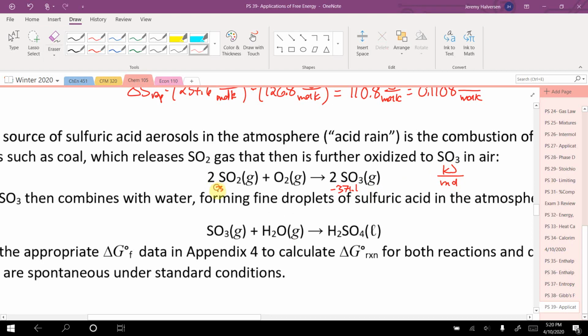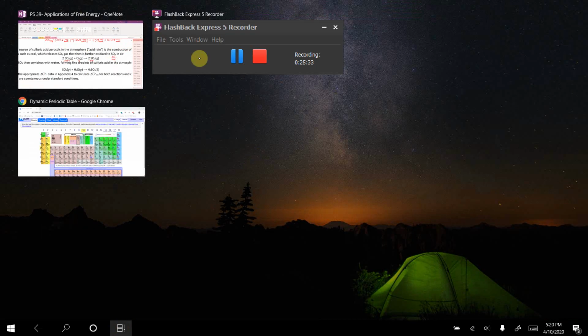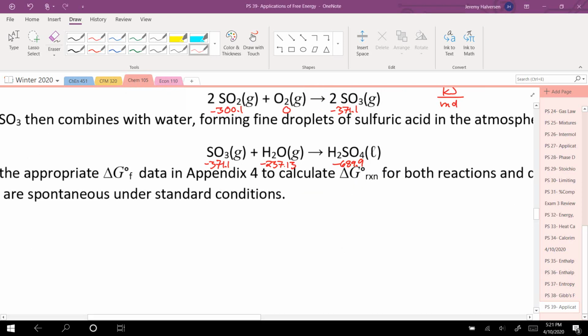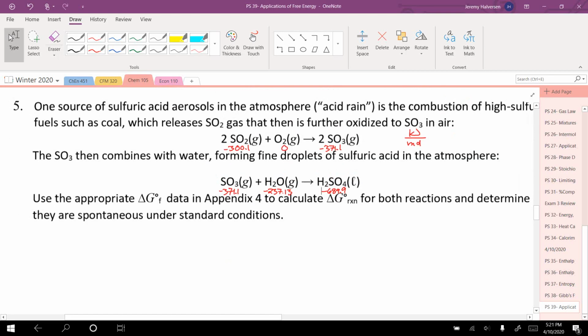SO2 is negative 300.1, and O2 is 0. So I had forgotten to get the values for H2O and sulfuric acid, so I just went and grabbed those, and there we go. So we're trying to find the delta G naught of reaction for each reaction.